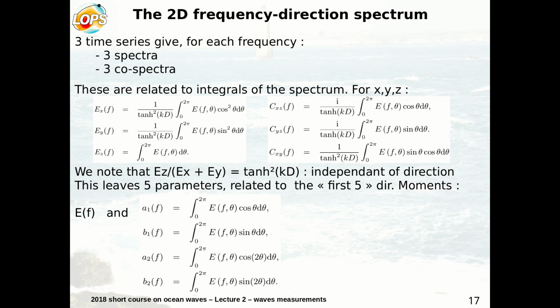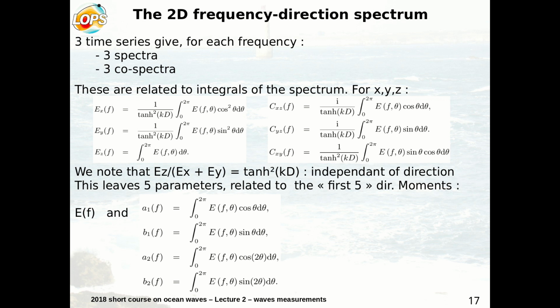A1 is the integral of the spectrum times cosine, B1 with sine, A2 cosine 2 theta, and B2 sine 2 theta. And the sum without any cosine we call E of f, or you could call it A0 if you want. And so these first 5 coefficients are all we can get from a buoy about the directional spectrum. Nothing more.